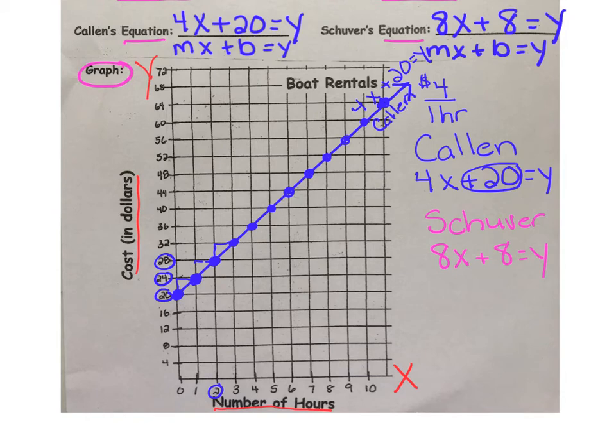Now let's plot the information for Shuver. We know that for Shuver we started at $8 right here. Initially, that fee is cheaper than Cala's Marina. However, the hourly rate, it's $8 per every 1 hour.